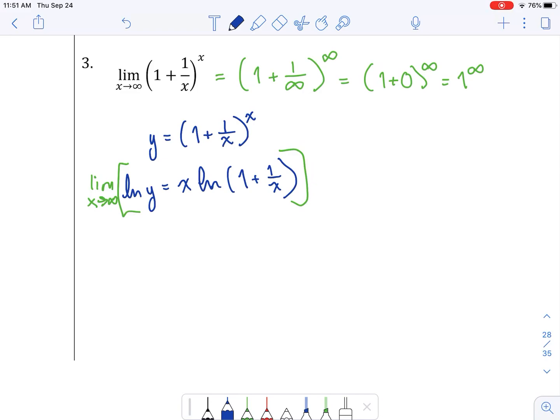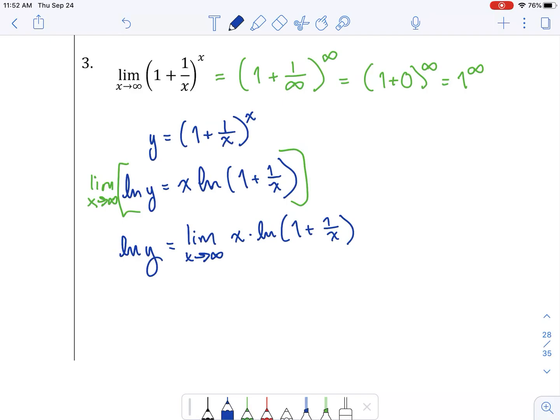Now, the limit of ln of y stays ln of y because it doesn't actually have an x. Like, whatever x is doing doesn't affect what y is doing, so it's just going to stay ln of y, is equal to the limit as x approaches infinity of x times the ln of 1 plus 1 over x.